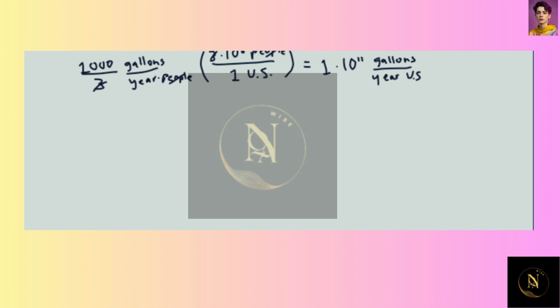Awesome. We're basically done, but one thing that we needed was how many gallons of gasoline are used per day. So the next thing we realize is, how many days are there in a year? For every year, we put the quantity of year on top to get rid of this one.